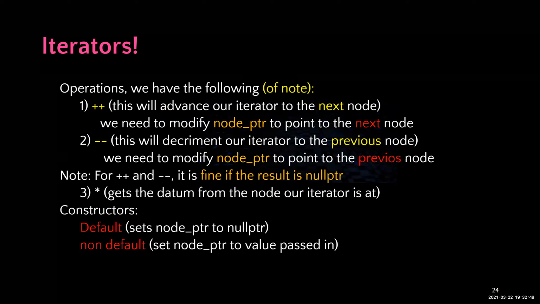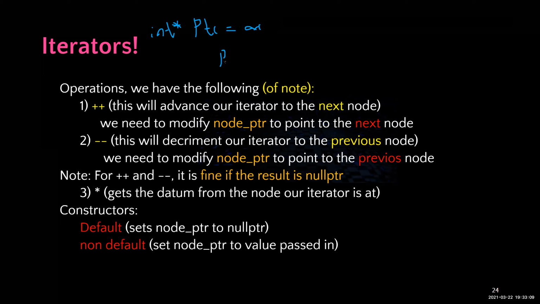So there are a couple operations we're going to define. So plus plus. Think back to pointers. If we were going to search an array and I did something like int star ptr equals the start of our array.